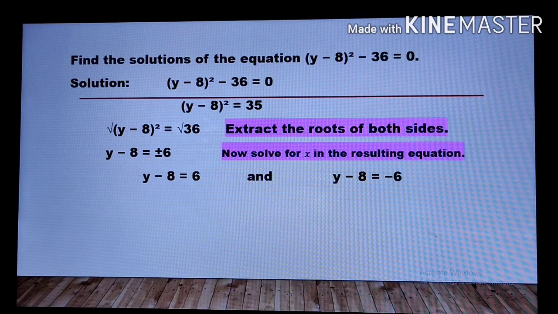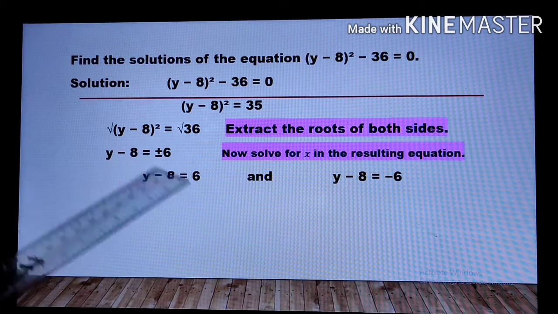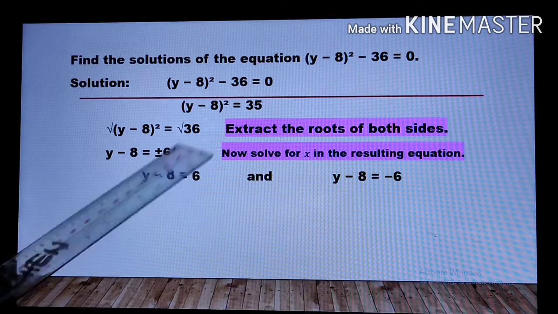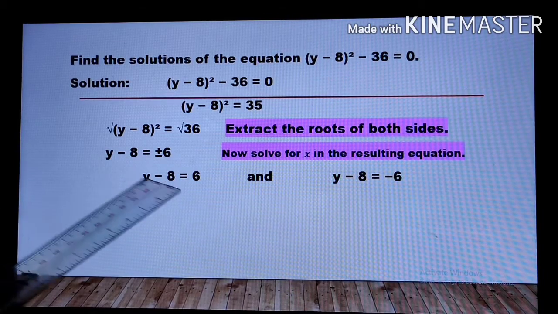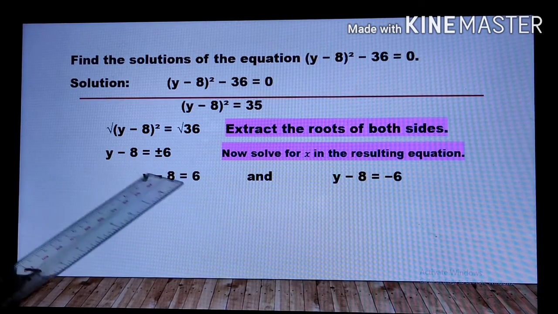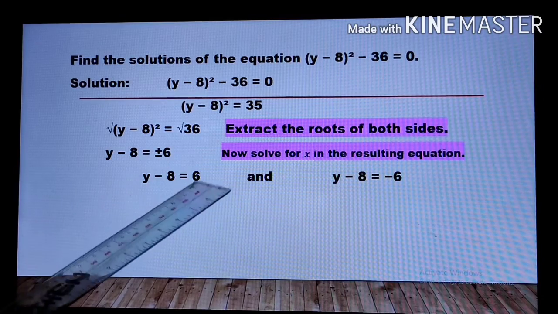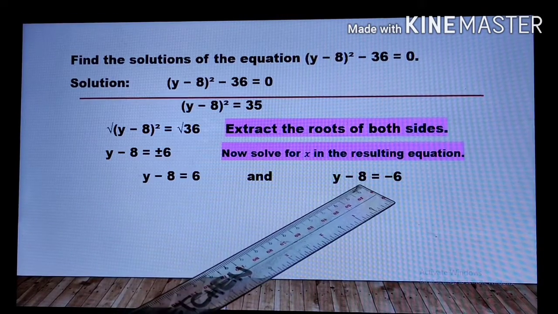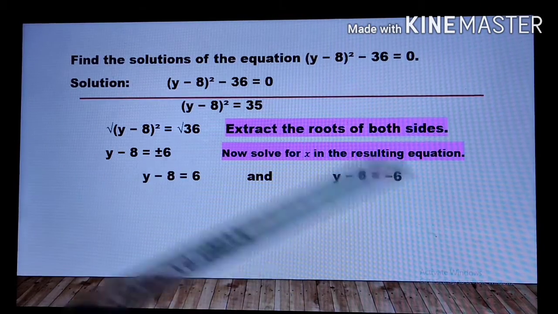So, next, isa-solve natin kung ano yung mga values ng y. Kasi diba, mayroong dalawang sign ang 6, positive 6 at saka negative 6. So, next natin gagawin, copy lang y minus 8 is equal to positive 6. Then, ang isa naman, same lang sa left side, y minus 8 is equal to negative 6.